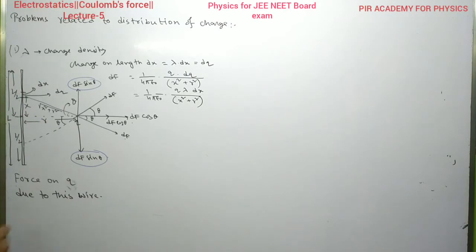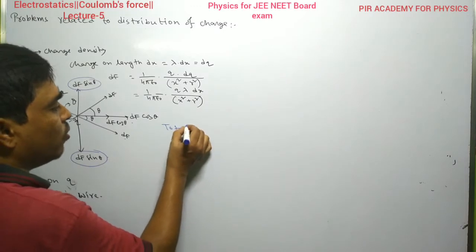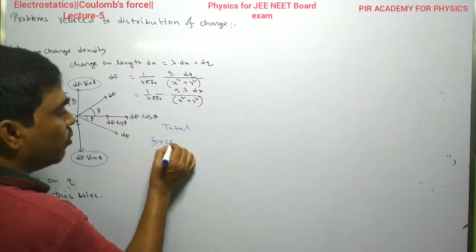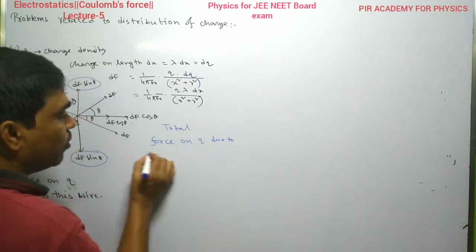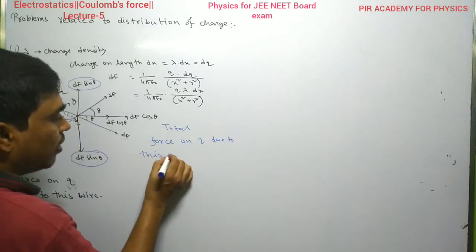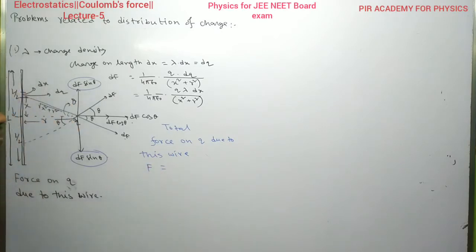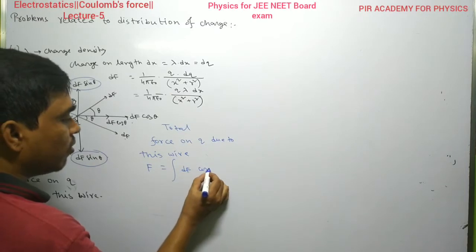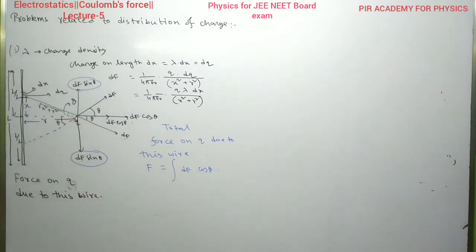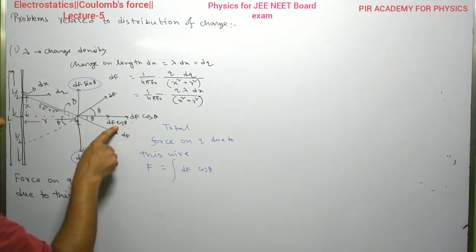Now the total force on Q due to this wire, F, equals the integration of dF cos theta. Here this is dF cos theta, this is dF cos theta.